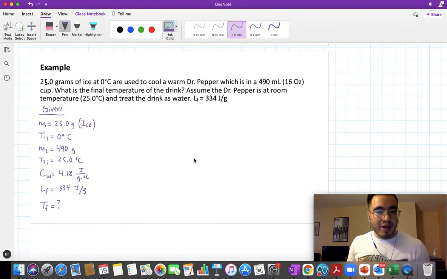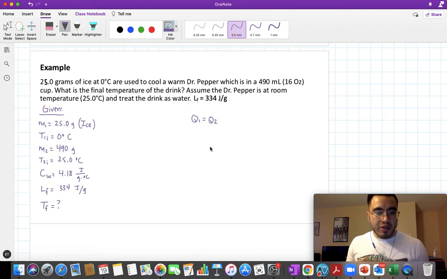So first, let's account for the change of phase. So we're going to have Q1, that's the ice. The energy that it's going to be, I don't want to say recede, but added to the ice will be the same as the energy released by the Dr. Pepper. Q1 equals Q2.